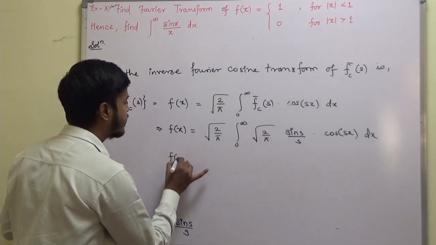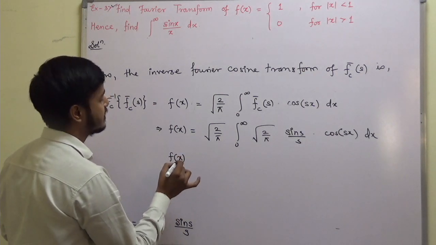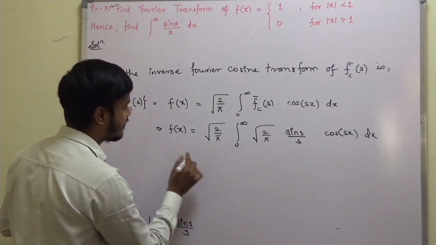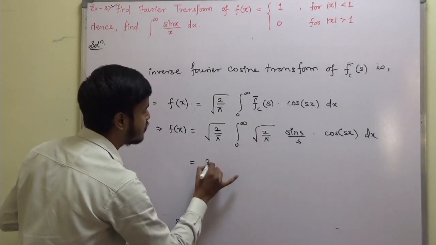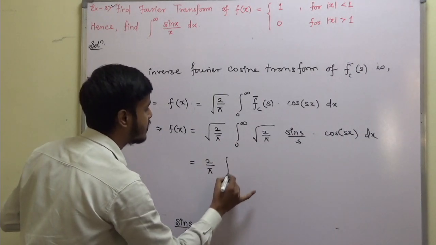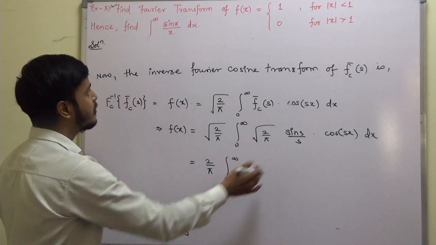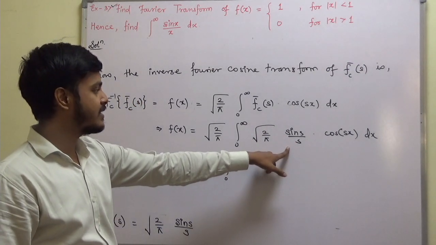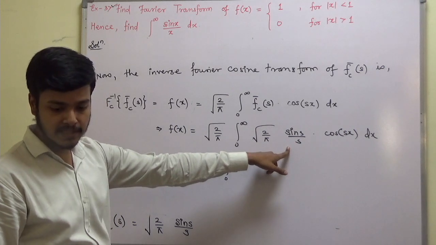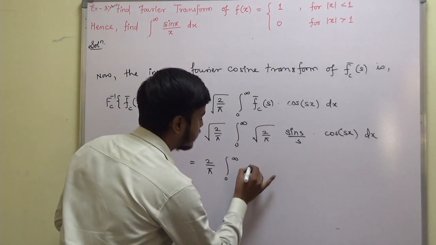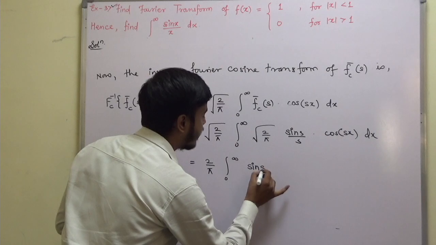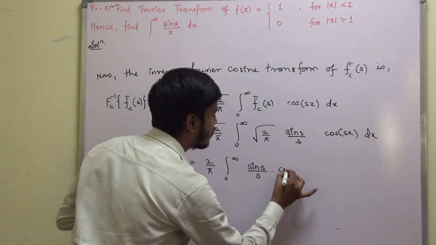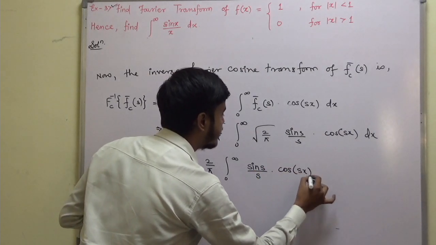So your f of x will look like 2 by pi integration 0 to infinity sine s upon s into cos sx dx.